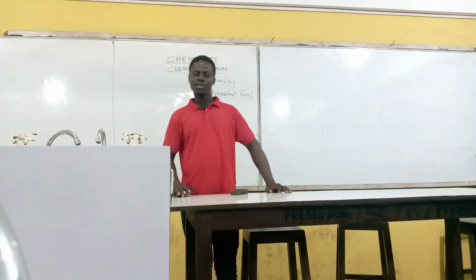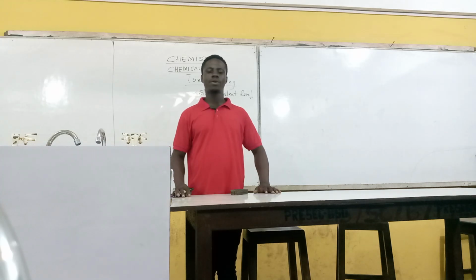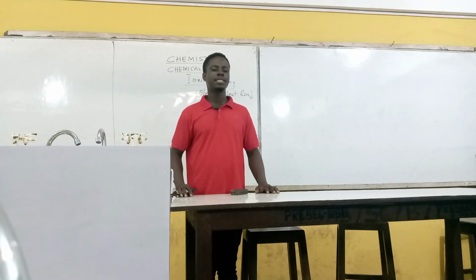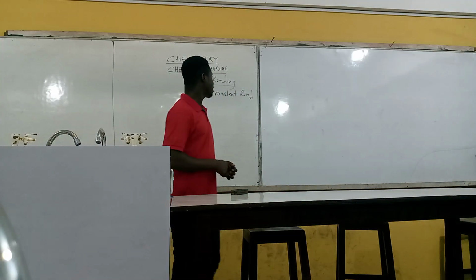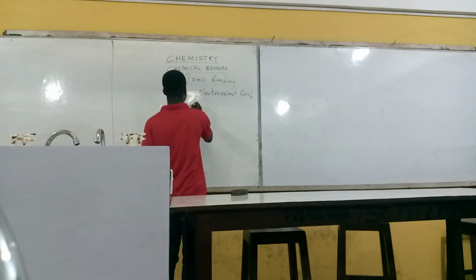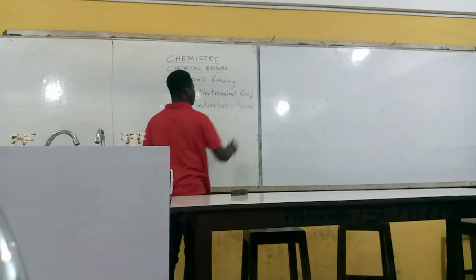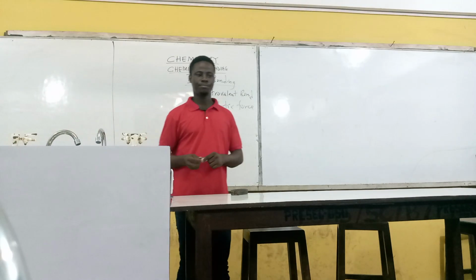So what is ionic bond? There is a special force of attraction which exists between this ionic bond or this electrovalent bond. And that force of attraction is called an electrostatic force of attraction.